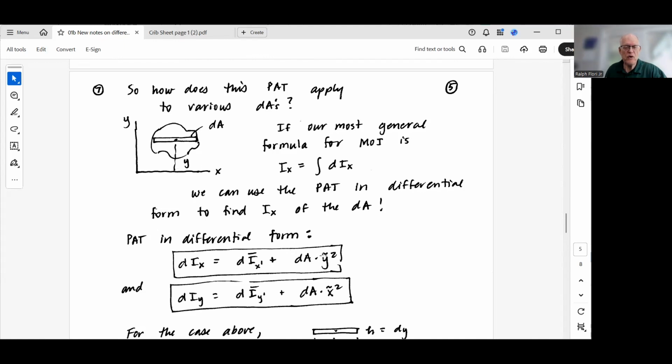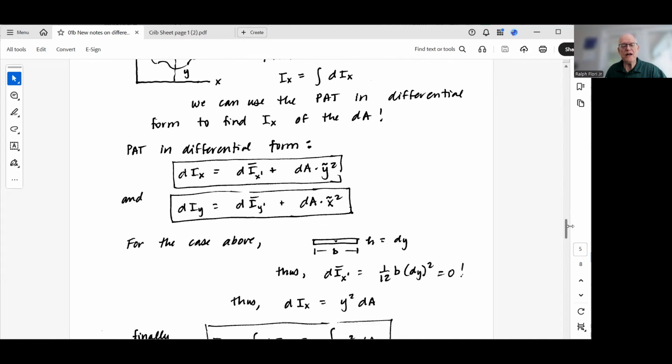I shouldn't have said y tilde, I should have just said y. And dIy about the y-axis, for whatever dA you choose, is dI bar about the y prime axis plus dA times x squared. So what does this mean? How do we apply this?